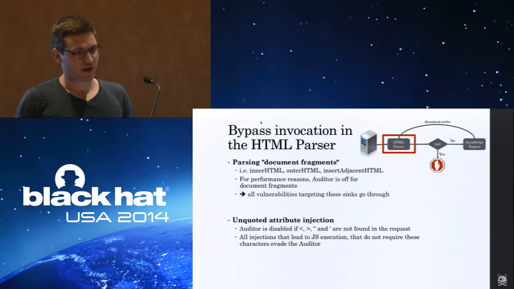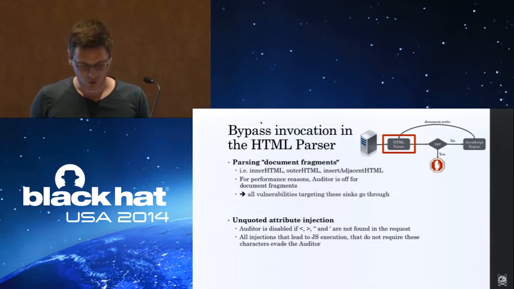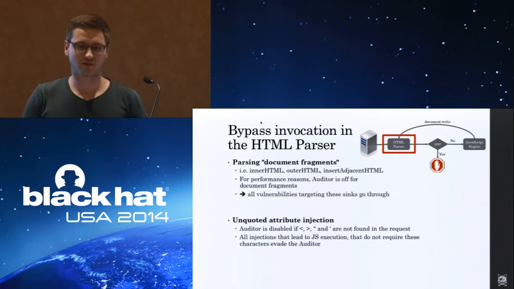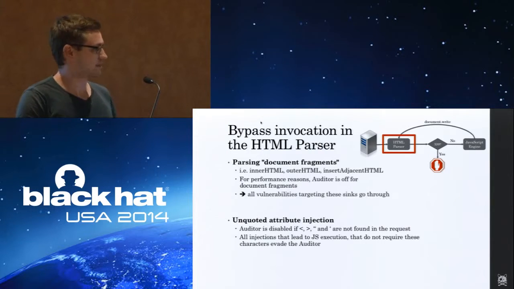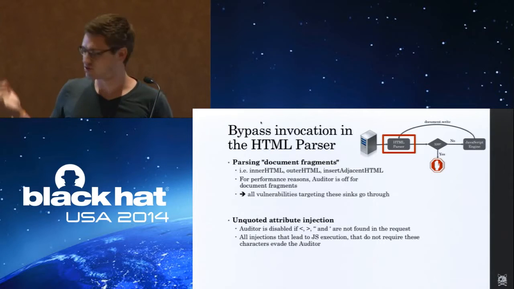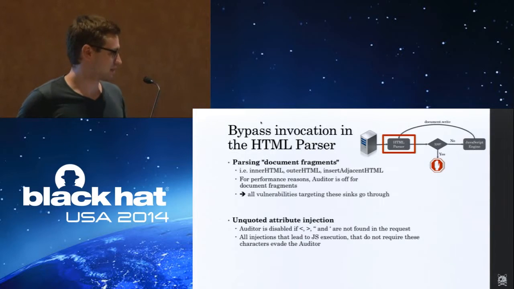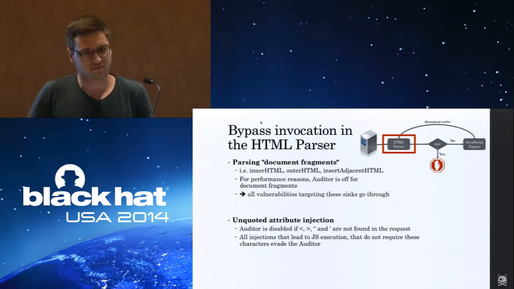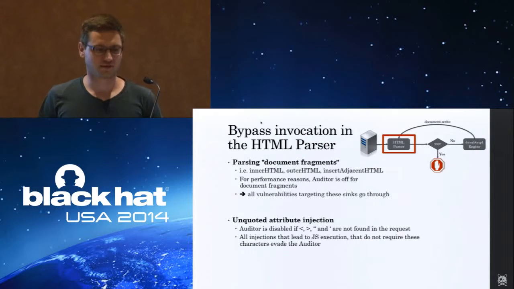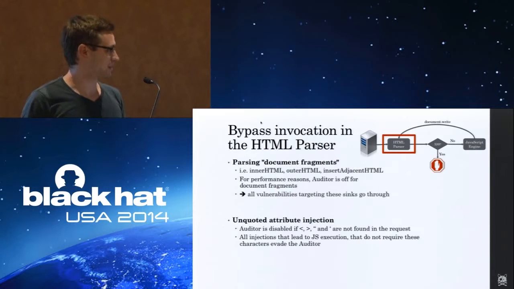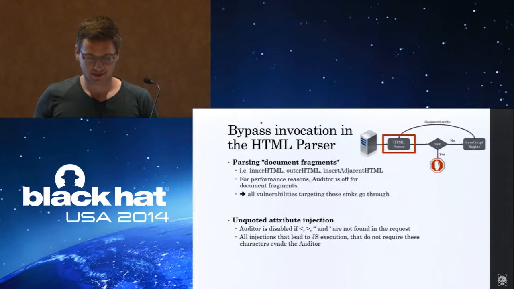I don't actually have to break out of that existing tag either, so I don't need the lesser or greater signs. So there are certain situations where you can get past the auditor because it's just not invoked because of this matching rule. Again, this is, I guess, for performance reasons, because Google says the likelihood that you will find a vulnerability that can be executed without these characters is pretty slim.